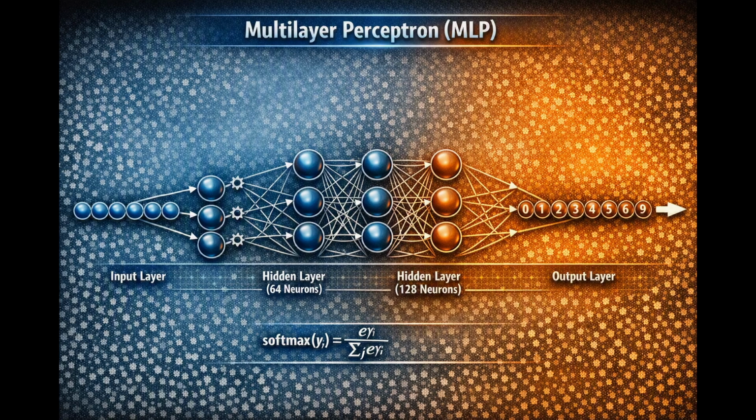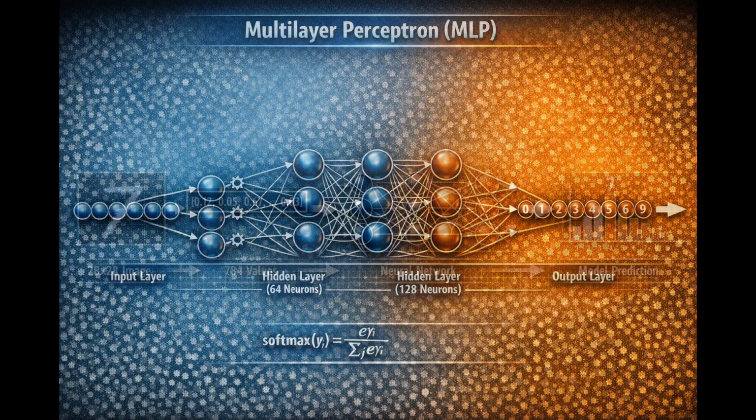Each perceptron in a hidden layer receives the combined output of every perceptron in the layer before it. This is what makes it fully connected. As the training process unfolds, the weights and biases throughout the entire network are gradually adjusted so the model's predictions get closer and closer to the correct answers.